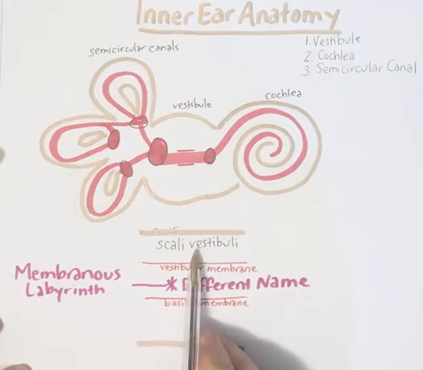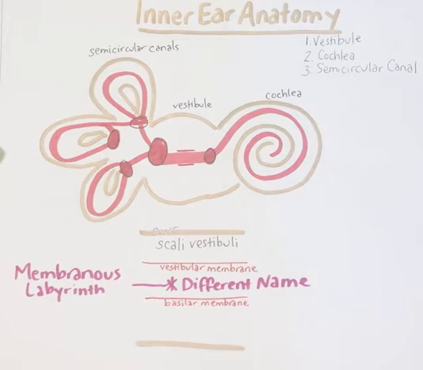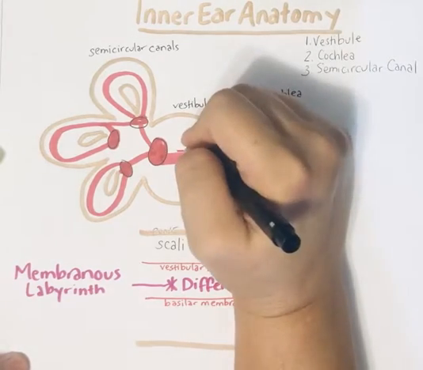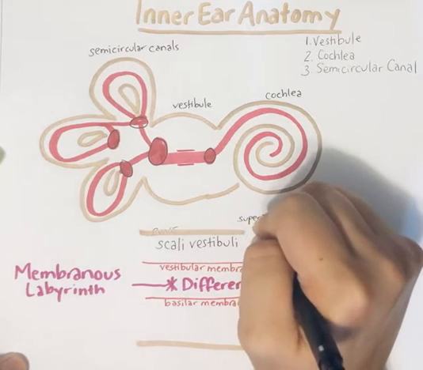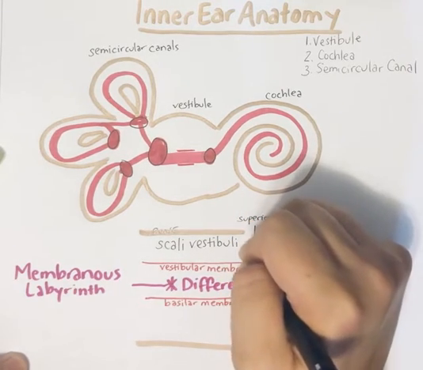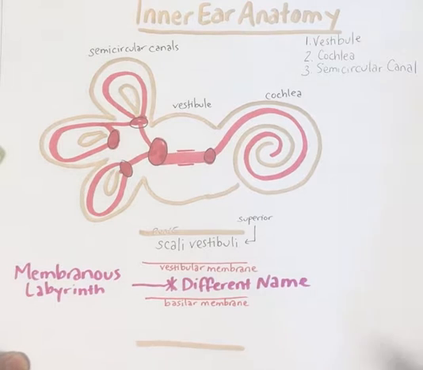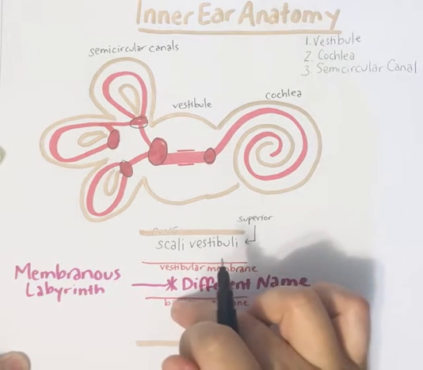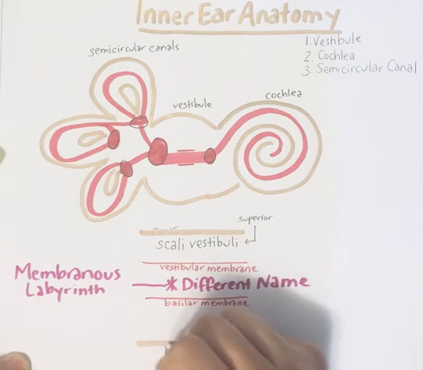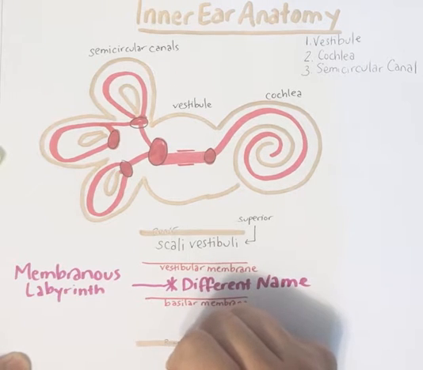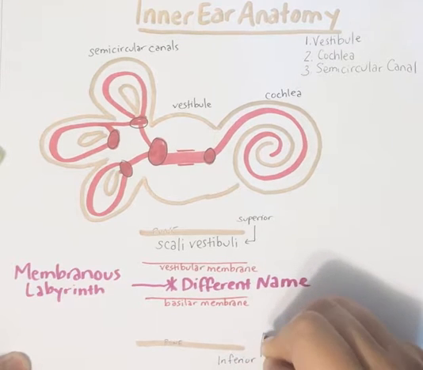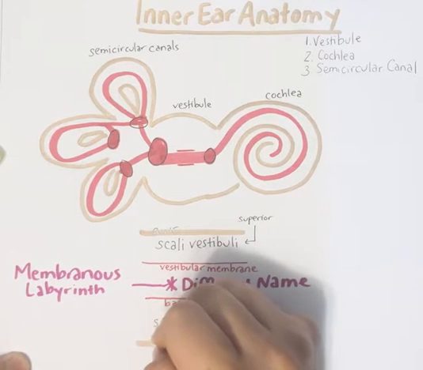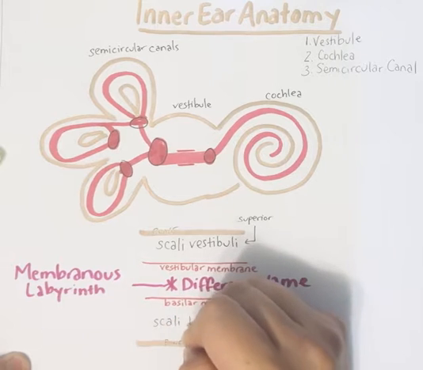So the superior chamber, this is the top. The superior chamber is always going to be called the scala vestibuli. And then the inferior chamber, which is from the basilar membrane to the bone on this side, so this is going to be the name of the inferior chamber. The inferior chamber's name is scala tympani.